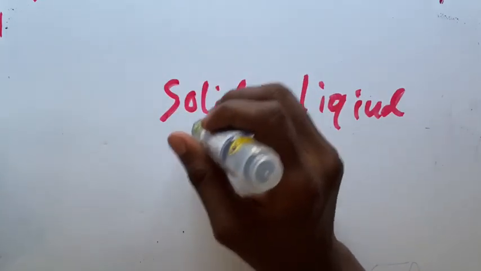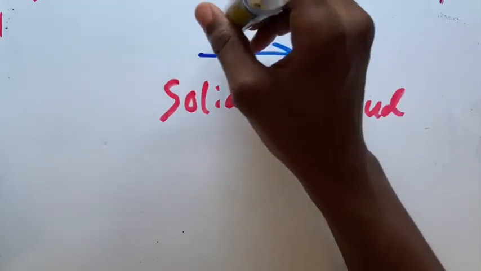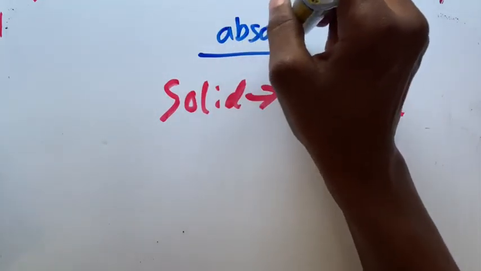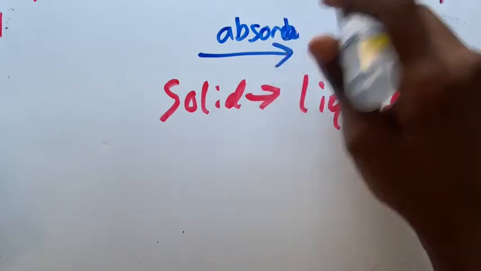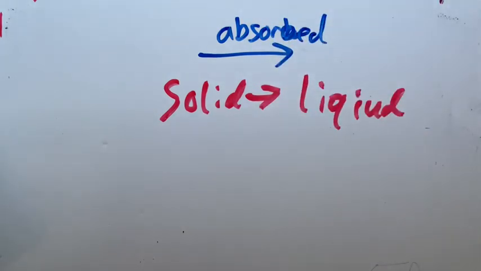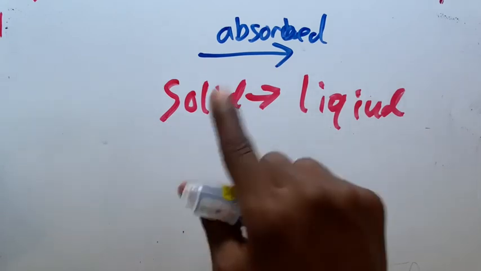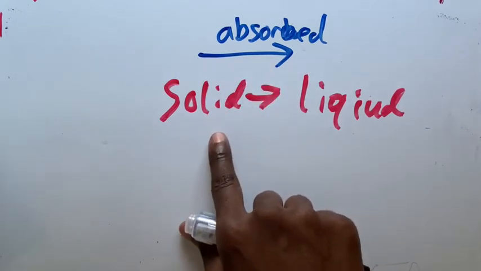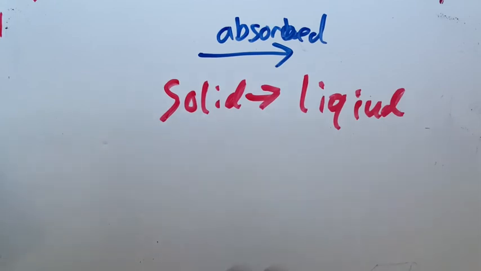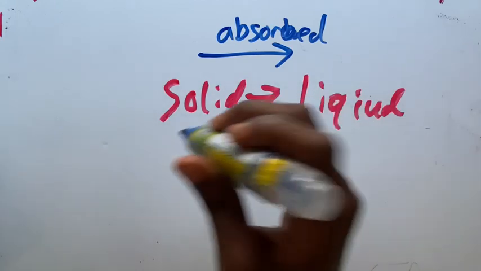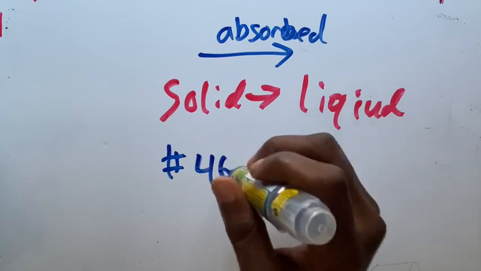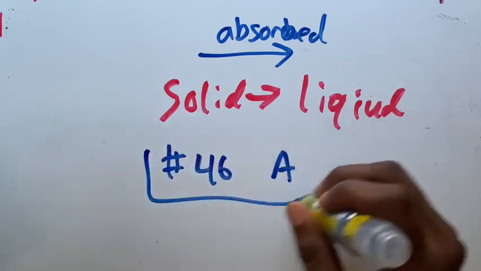So like, let's say this is ice. Ice is a solid, so ice has to absorb energy in order for it to become a liquid. So number 46 is going to be A.